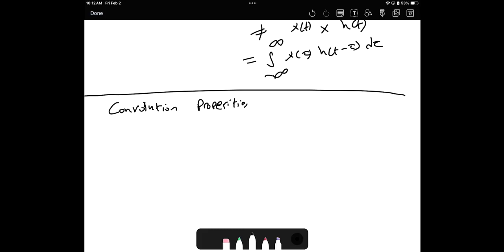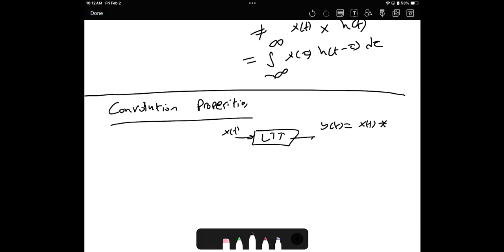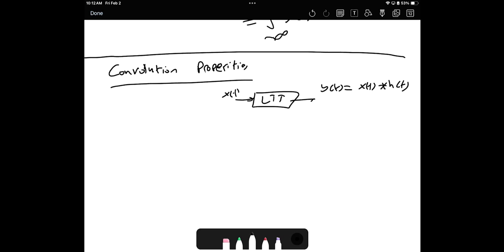So, remember that for the convolution, we have x of t. Here is the LTI system, y of t, which is x of t convolved with h of t. Now the properties, the first one, which is that it's linear.